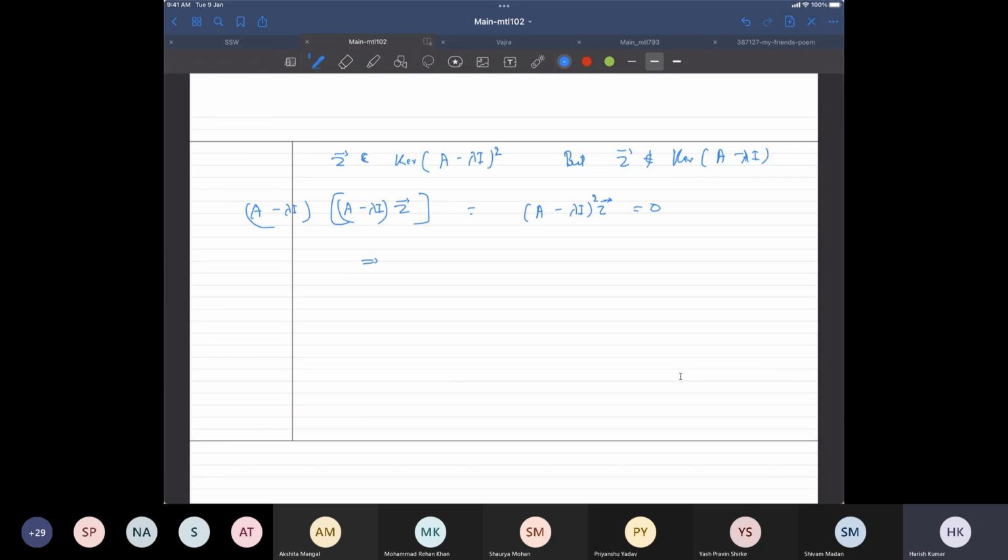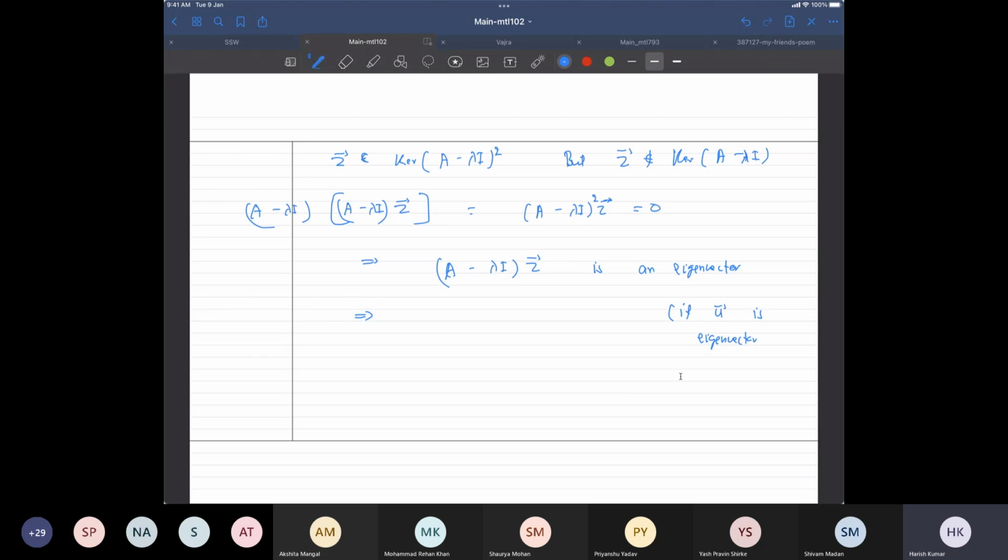So this implies that A minus lambda I Z is an eigenvector, that means it is in the kernel of A minus lambda I. Now if our eigenvector is U, note that because lambda is an eigenvalue, there will always exist one eigenvector.